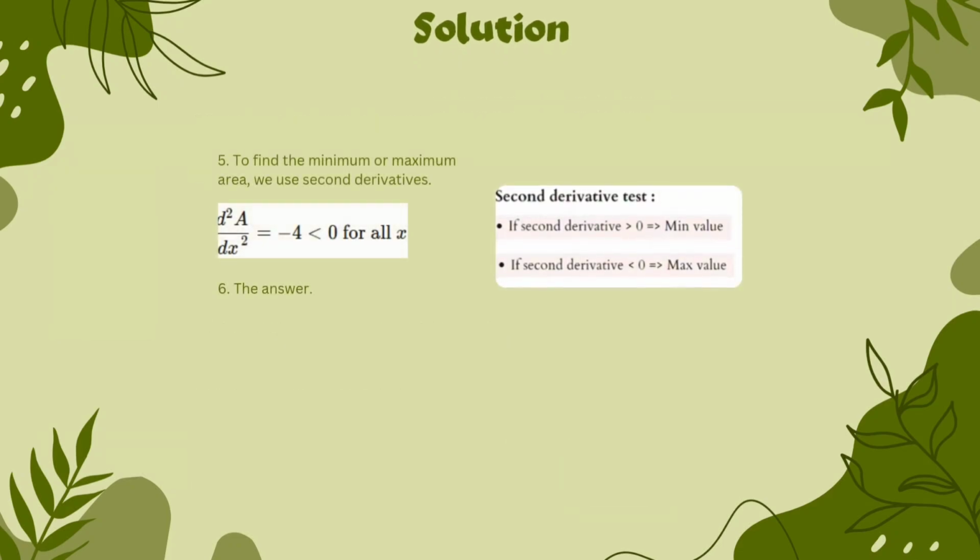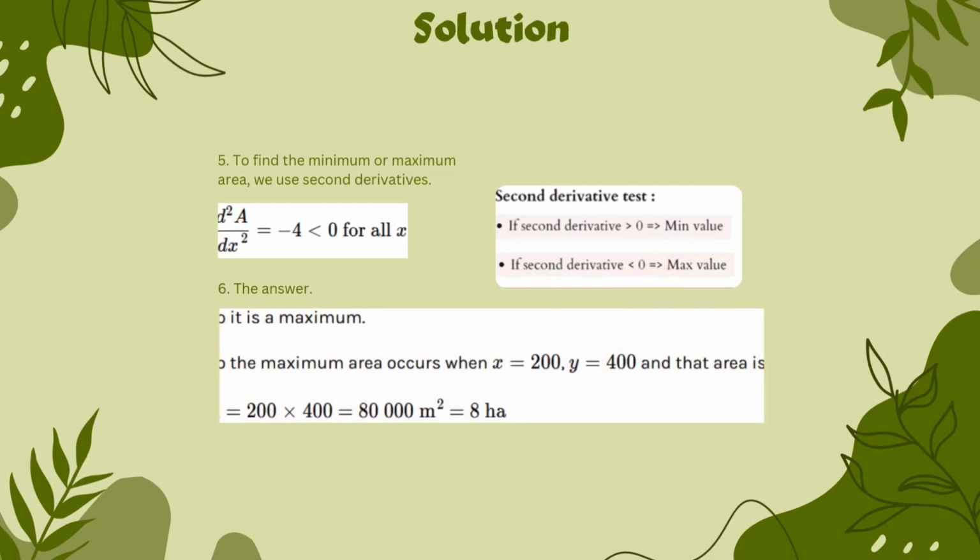For the fifth step, we determine whether the answer is a maximum or minimum area. To determine this, we use the second derivative: if the value is lower than 0, it is a maximum value, and if it is bigger than 0, it is a minimum value. Our answer is -4, which is less than 0, so it is a maximum value.